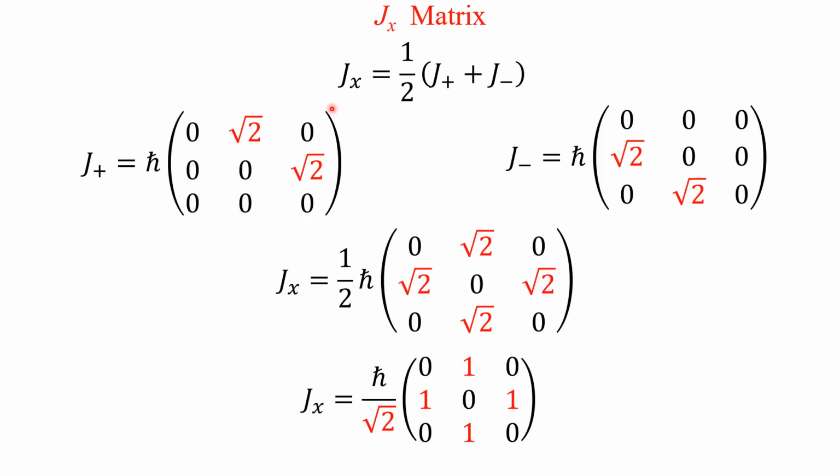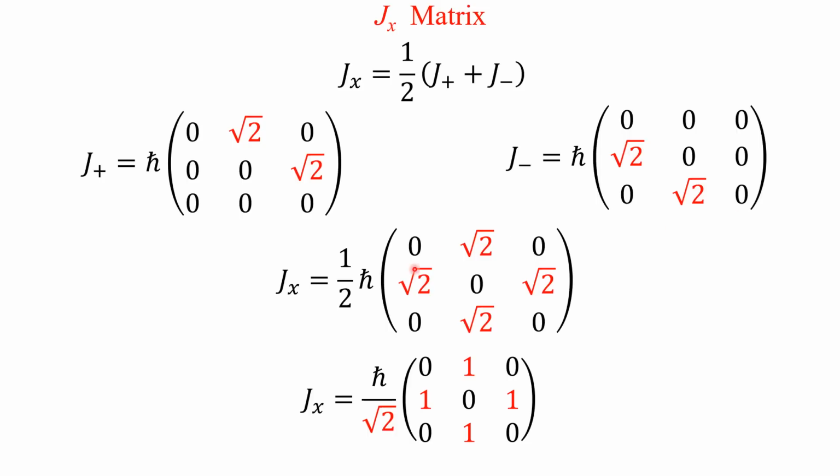Now we will find the Jx matrix. We have seen already Jx is equal to 1 over 2 J plus J minus. This is the J plus matrix, and this is the J minus matrix. So if you add these two, you will get here also one H cross, here also one H cross. Of H cross, these two elements, square root of 2, square root of 2, come here.